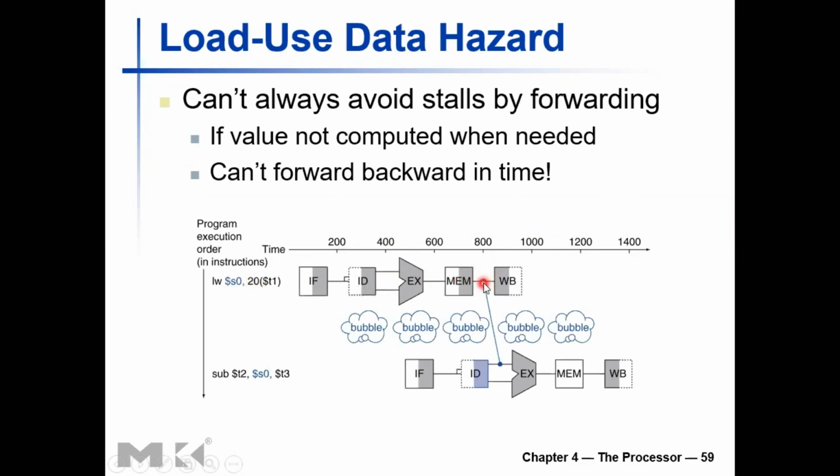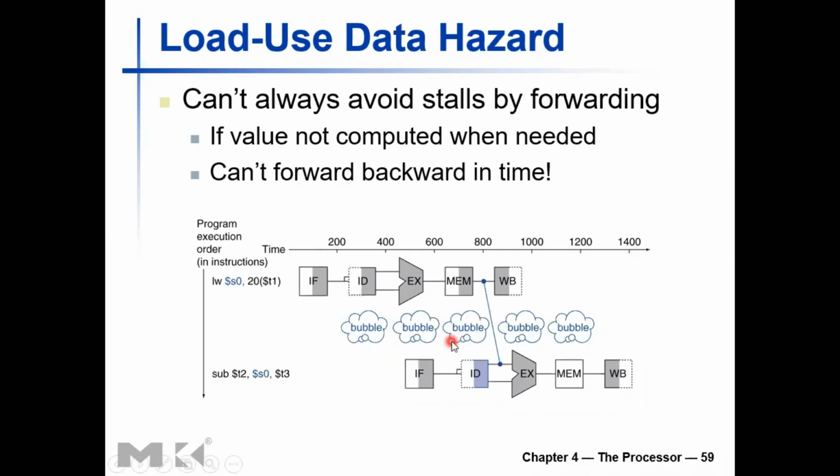Now, if we want to fetch the next sub instruction right after this load word instruction, the execution will be done here, right? This execution stage will be here if we have fetched this here. Instruction fetch, decode, and execute. The execution is done here.